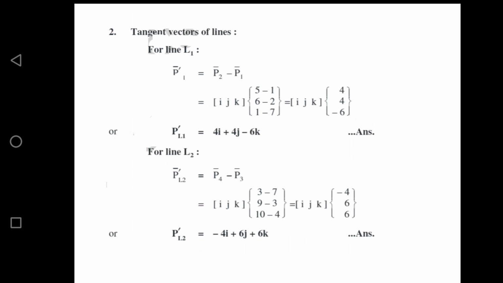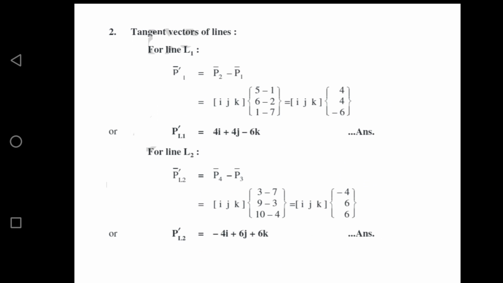So P2 bar minus P1 bar equals i, j, k into P2 bar minus P1 bar. So these i, j, k are the coordinates for the tangent vector of line L1. So it gives you the tangent vector equation PL1 bar dash equal to 4i plus 4j minus 6k for line L1.